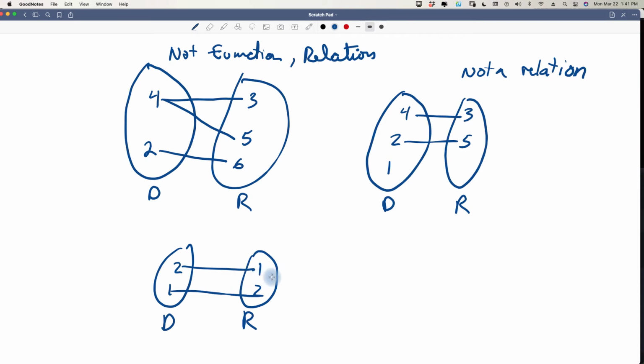So it's true for both of them. I hope you can see the difference. This is a relation but not a function. This is not a relation or a function. And this is a function and a relation. And typically, if it's a function, it is a relation, by definition.